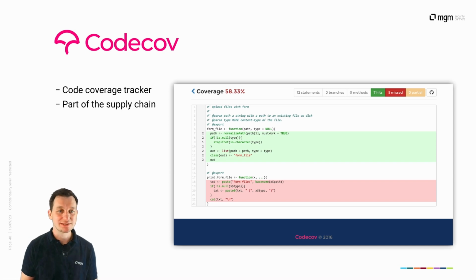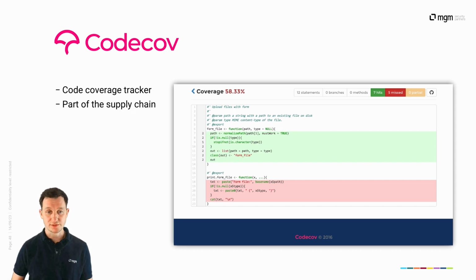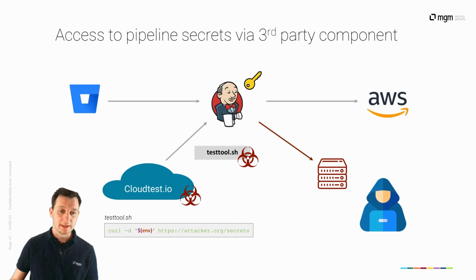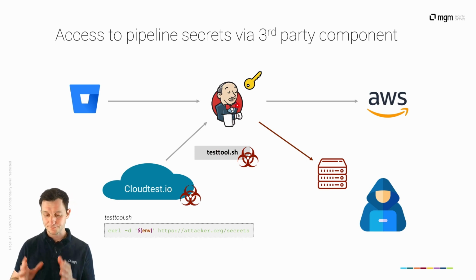It happened to Codecov. Codecov, when I understood it right, was or maybe even is a software to track the code coverage of tests. And it was part of the supply chain, as I explained here. So Codecov said, hey, here you can download our shell script and just use the shell script in your build environment, and we give you the coverage data online.